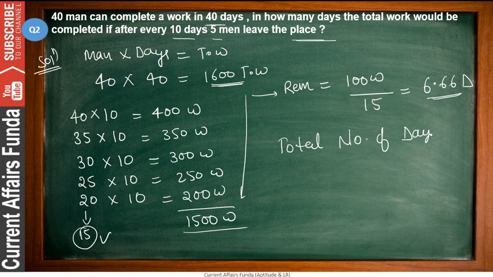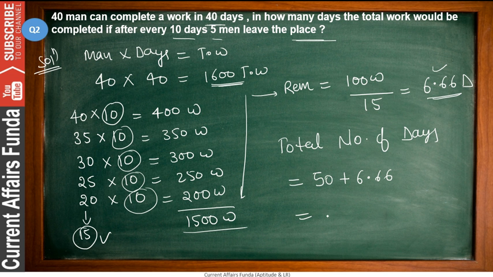The total number of days will be 10 days here, 10 here, 10 here, 10 here and 10 here. So it will be 50 days plus the remaining part, that is 6.66. So in total it will be 56.66 days. Okay, so that will be your answer. I hope you understand this problem.